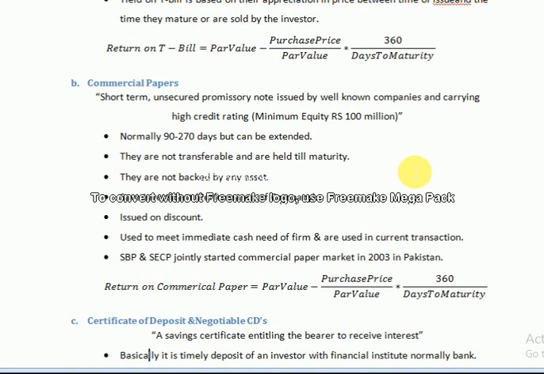Money market security means commercial papers also have a maturity of 1 year or less than 1 year. So that's why this is called a money market security, not a capital market security. If their maturity was more than 1 year, then it would be called a capital market security.